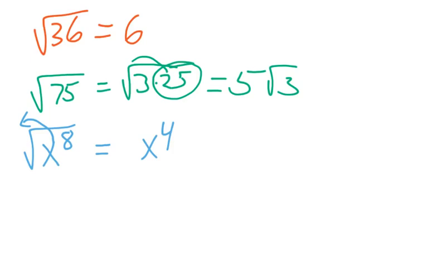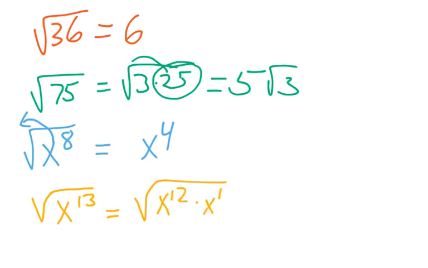And if you have an odd exponent, like x to the 13th, well, break it down so that you have an even exponent. Just subtract 1. So that's going to be x to the 12th times x to the 1st. This guy gets to escape. The other guy does not. So divide by 2. So 12 divided by 2 is x to the 6th. He is now outside the symbol. X to the 1st must stay.